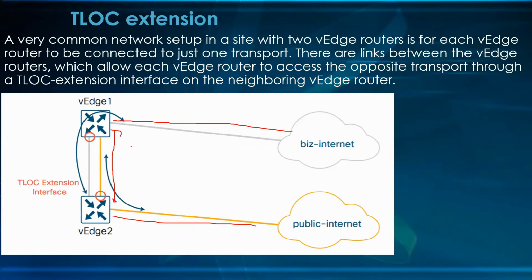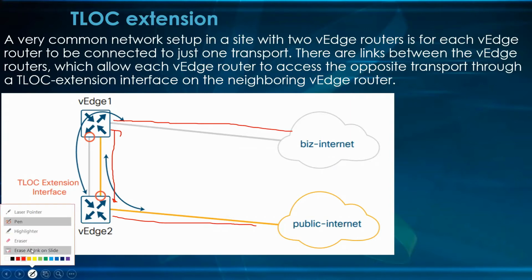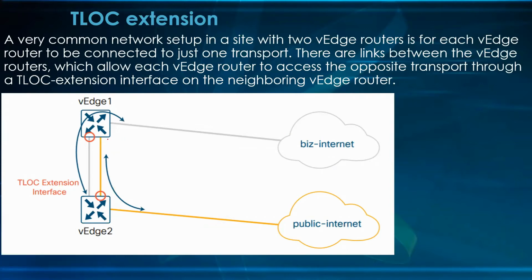Now in this case, what the TLOC extension is doing is basically helping me extend the transport. For example, this transport is already physically connected at one point, and from this one I'm extending the location to the other point.